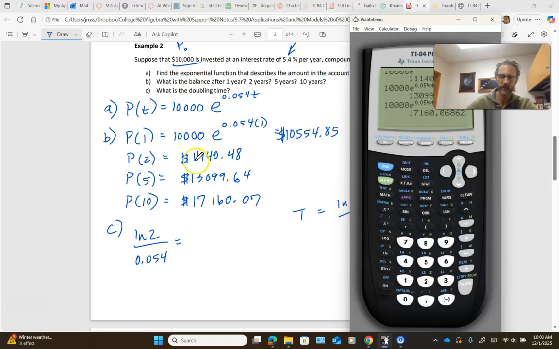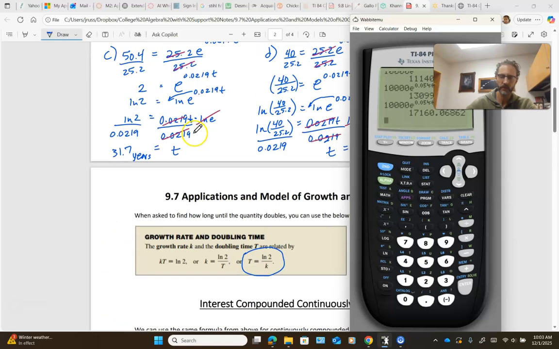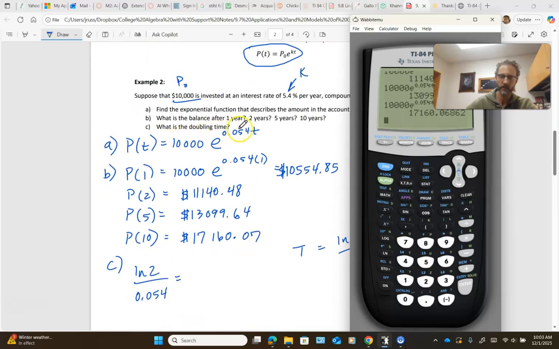This would be the same as if we did the last one. If we had taken this function set equal to 20,000, divide both sides by 10,000, that gives us 2. Take the natural log of both sides, you'll end up with the natural log of 2, and ultimately have to divide by k.